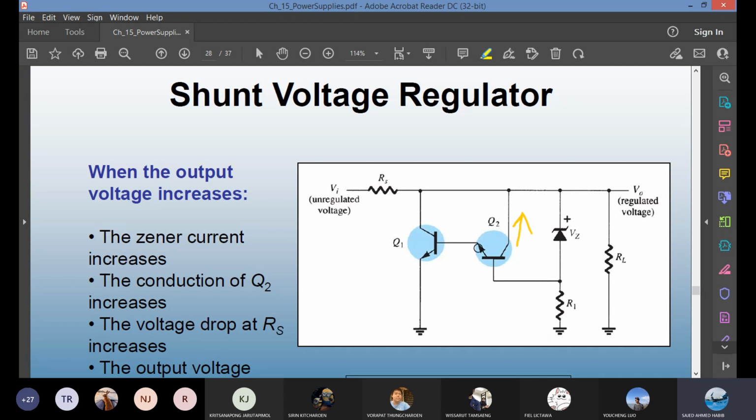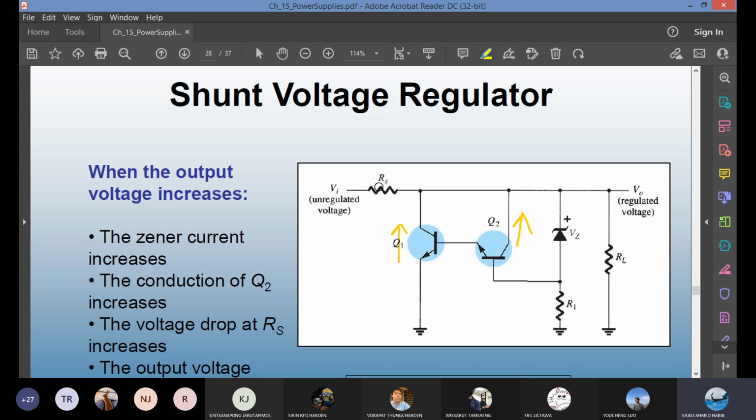And then Q2 emitter is connected to the base of Q1. When Q2 conduction goes up, the collector will go up, emitter will go up, base is going up for Q1 as well. And then what happens? Q1 conduction goes up as well.